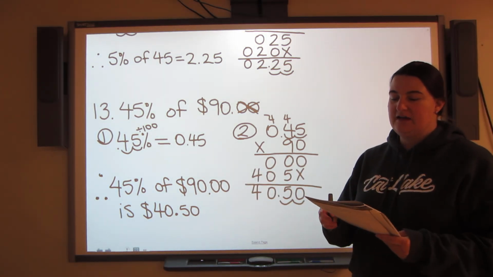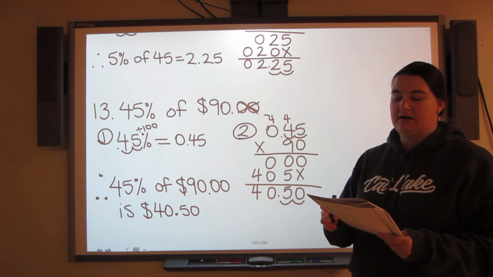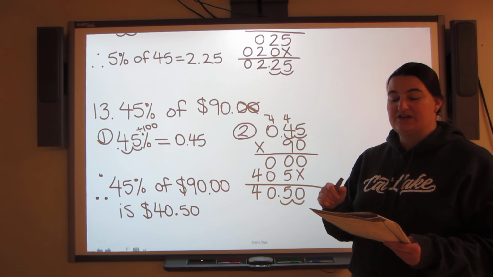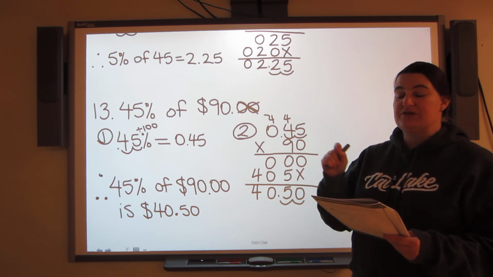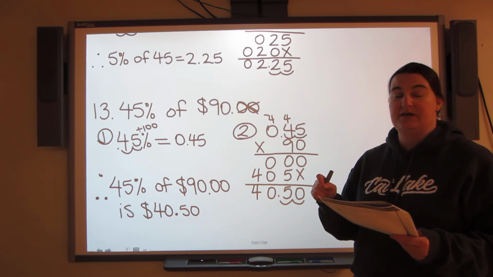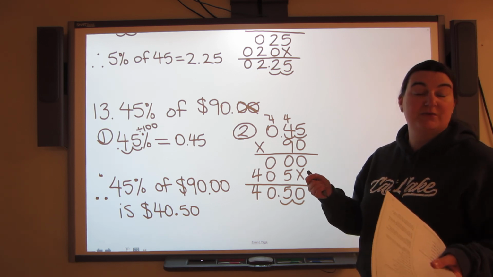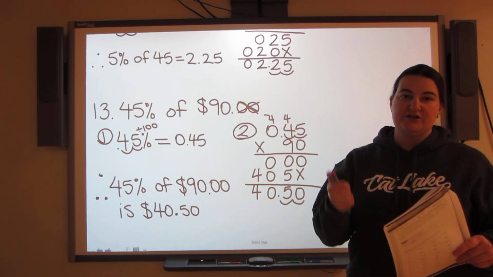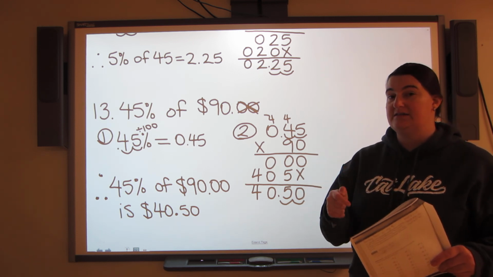All right, take a look at number 19. Number 19 is going to ask you to make a comparison between two different percents of two different numbers: which one is bigger, which one is smaller, or whether they are equal. So you're going to be using the equal sign, the larger than sign, or the smaller than sign.